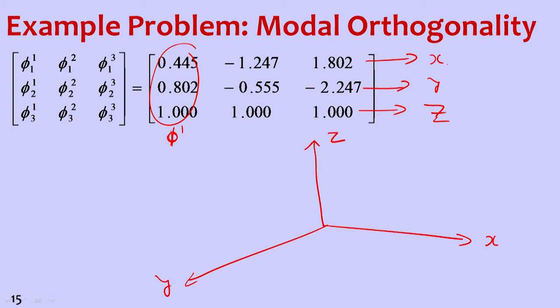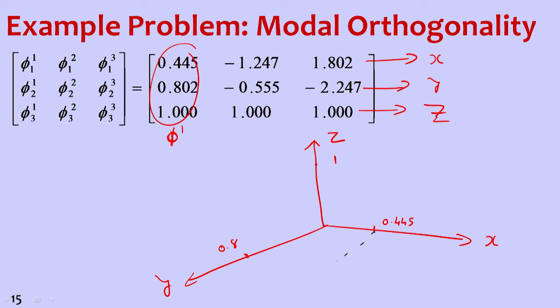Now let us take the x value for phi 1. Phi 1 in the x direction is around 0.445. Then in the y direction it is 0.8, which is somewhere around here. And then in the z direction it is 1. I have to find that point in space.